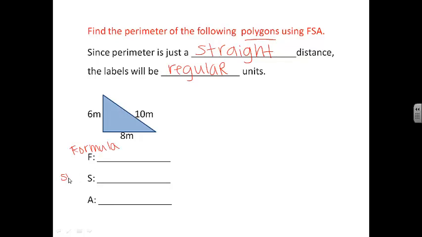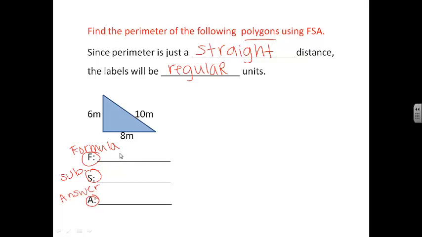The S means substitute, which means I need to replace my variables with actual numbers. And A means answer. You will be doing this for the next probably 3 weeks. So we need to get in the habit of doing F, S, A. That's how we show our work. And you did it in 6th grade, so I'm sure some of you are familiar with that.